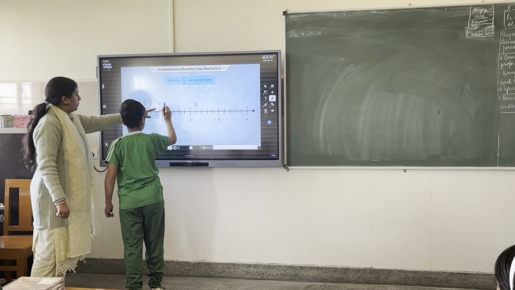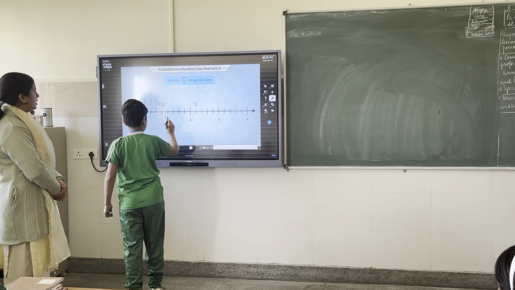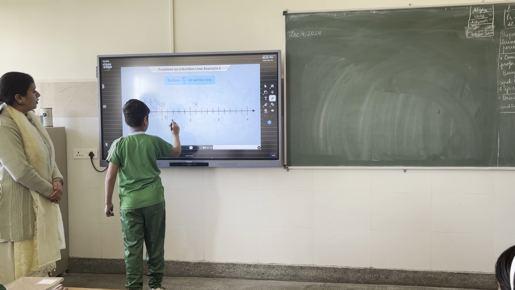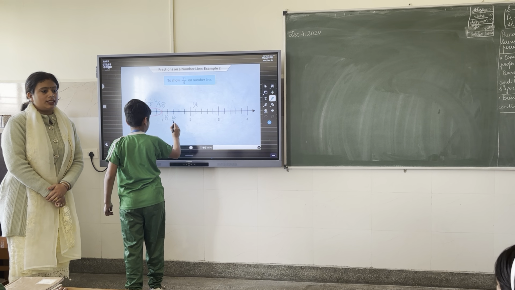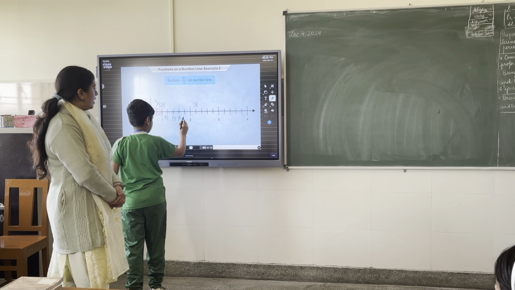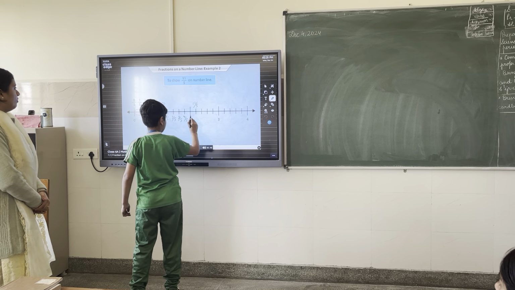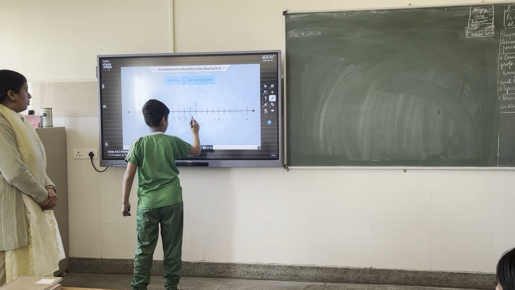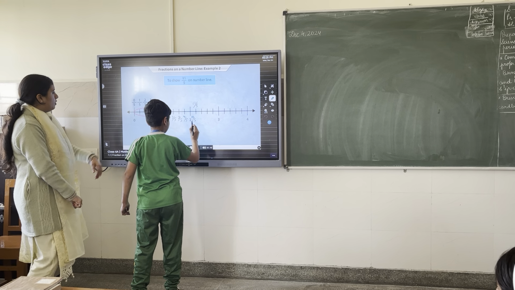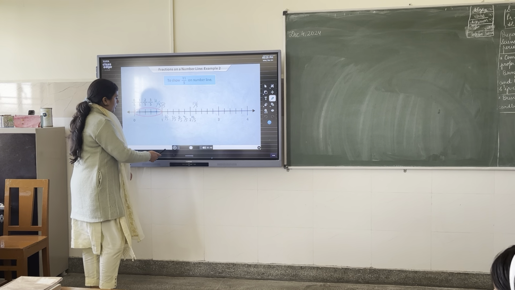If you don't get the space, you can write it. Yes, it is 6 upon 5. Next one is 7. Next one? And the next? 9. And then 10 upon 5. Correct. After that, you will get your required fraction on the number line.